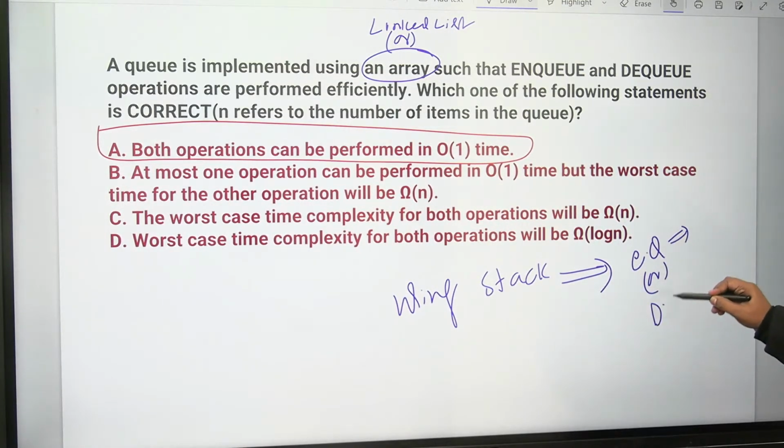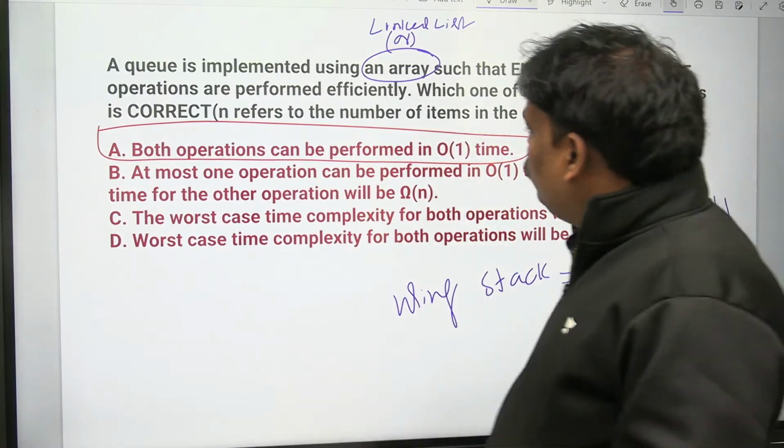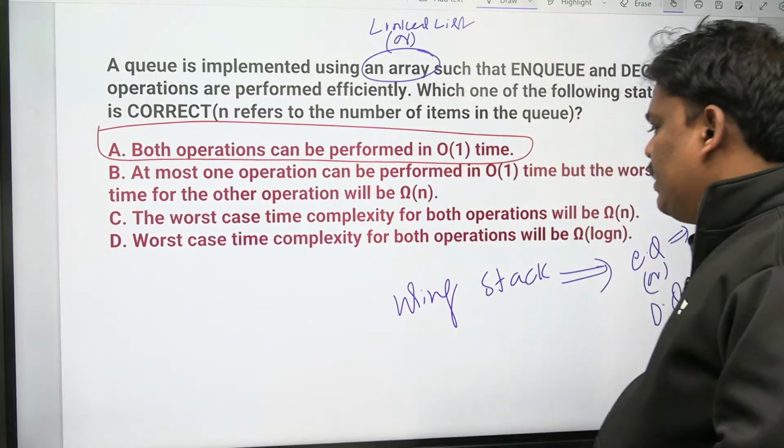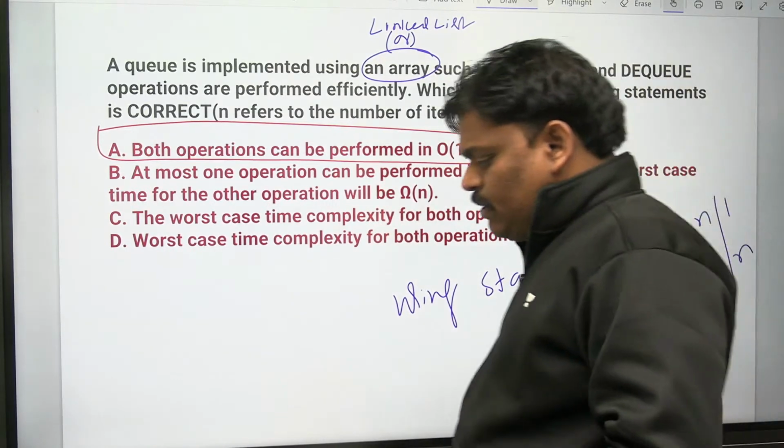If it is n, the other is 1. If it is 1, the other is n. Be careful. If you implement a queue using a linked list or an array, both NQ and DQ take constant time. If you implement a queue using a stack, NQ or DQ is costly. NQ is n means DQ is 1. NQ is 1 means DQ is n. Like that, reverse. Please be careful.